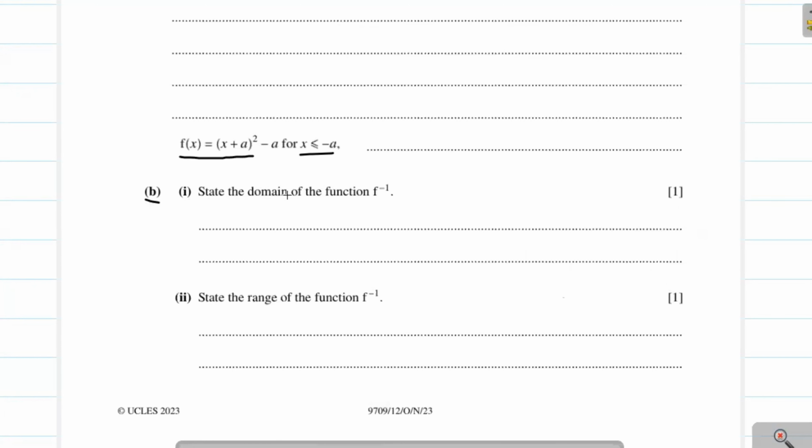First part of part B, state the domain of the function f inverse. The domain of f inverse function is equal to the range of f function. To calculate the range of f function, you see here, this is the graph of f of x, and in this graph, this is the turning point, minus a, and in this graph, x is less than or equal to minus a.